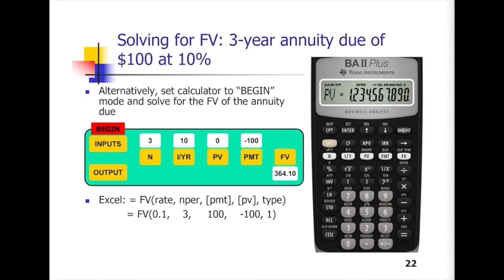If you have a financial calculator, you can also calculate annuity due. Alternatively, set the calculator to begin mode and solve for the future value of annuity due. So in this case, you first press the second and then set and then push the begin button, and then you can see on the display the letter BEGIN.